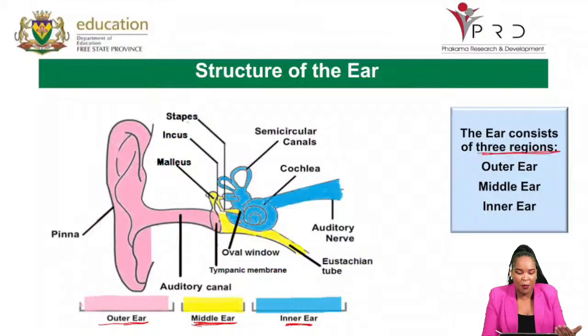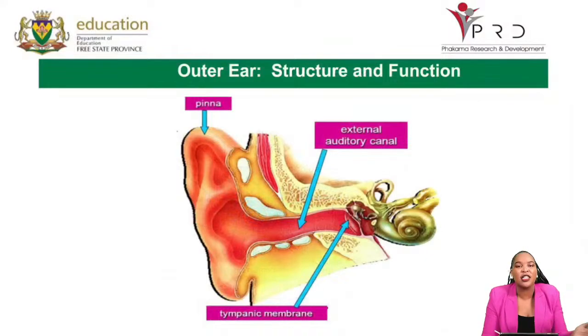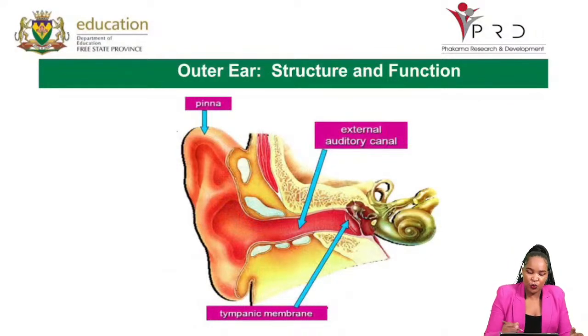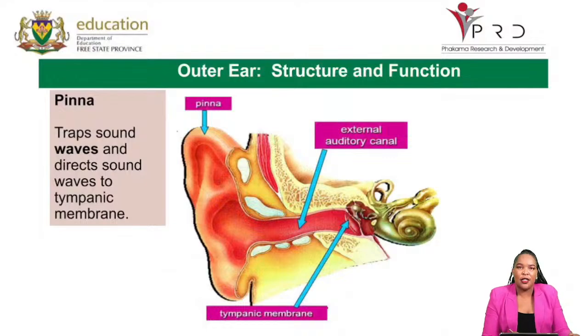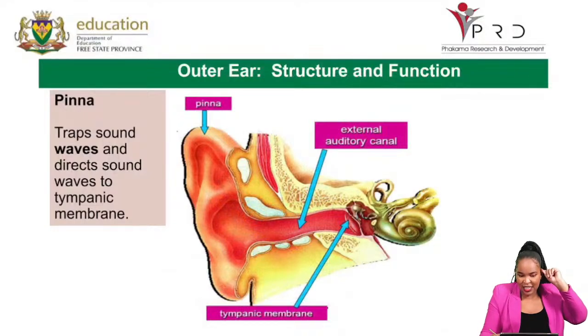So let us go through the parts also with the functions. So I would like us to go to the next image where we already go straight to the functions and the parts. So the first part that you see with your ear is the pinna. The pinna, the one that I can twist and turn, that has the cartilage.